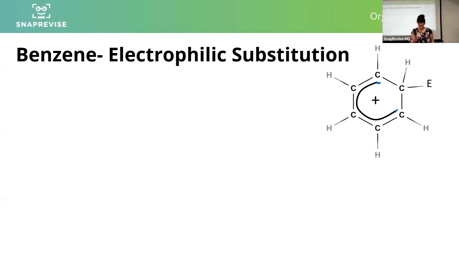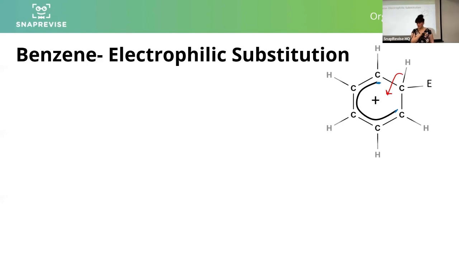Then we need to aromatize the ring. We need to get that stability back again. How does that happen? It happens by losing a hydrogen. So the electrons that are involved in the carbon-hydrogen bond are attracted to the positive charge in the center of the ring.